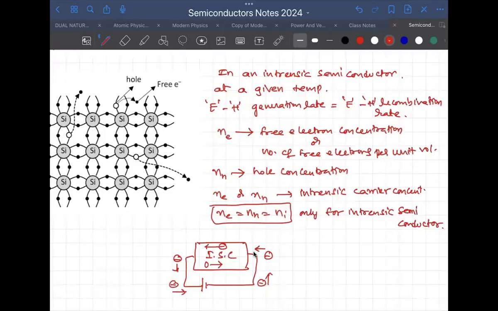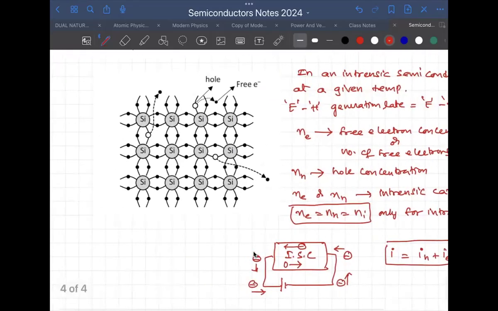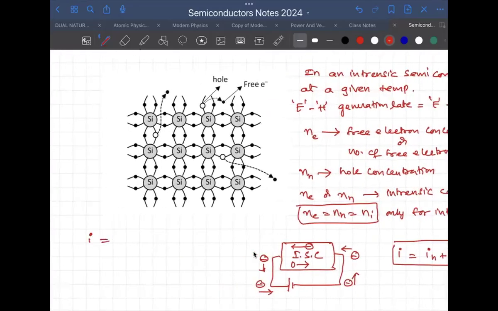But inside the semiconductor, the current is due to hole current plus electron current. The general formula for current is N e A Vd. Vd refers to drift velocity. Here, drift velocity of electron is not equal to drift velocity of holes, because I said mobility of electron is not equal to mobility of holes.